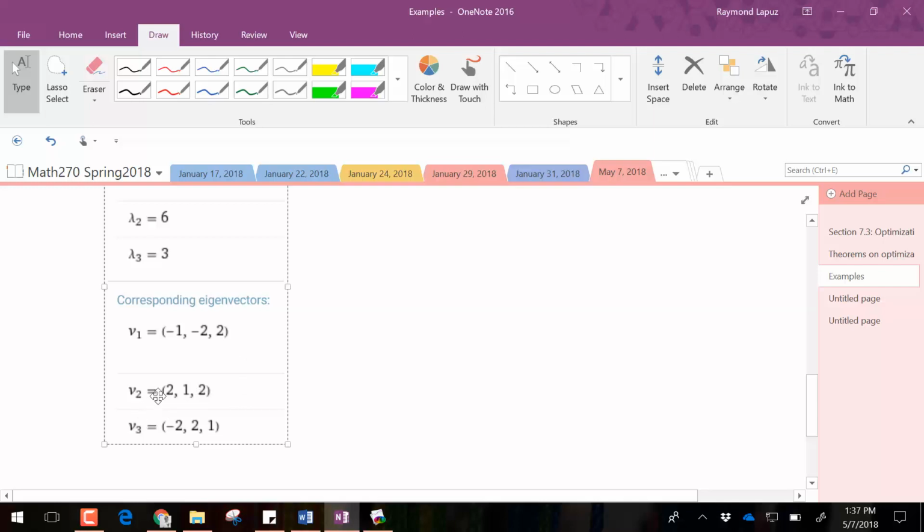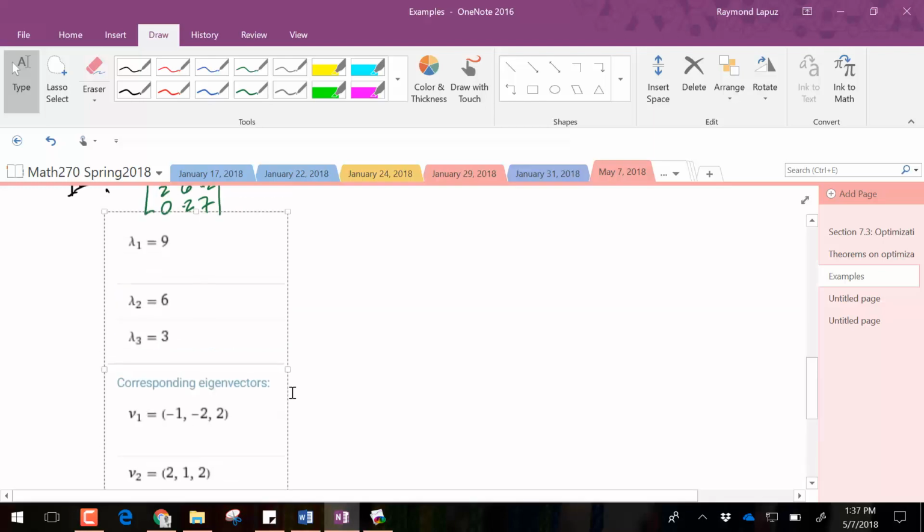Let's see. You're supposed to get -2, -2, +4. That took longer. So that's 0, right? The dot product of any two vectors. So the only thing left to do, if you're asked for it, is to make them into unit vectors.